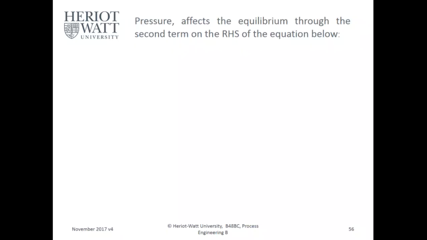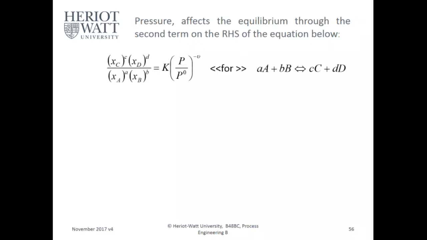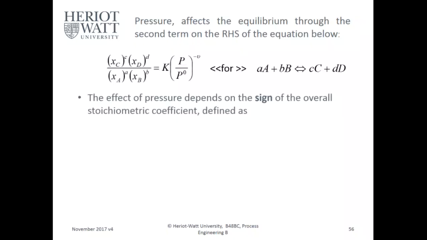Pressure affects the equilibrium through the second term on the right-hand side of the equation below. It's quite obvious: if you have two pressures, the pressures will determine how your equilibrium constant changes. For A plus B going to C plus D, that's how you calculate your equilibrium constant, and you did it yesterday.